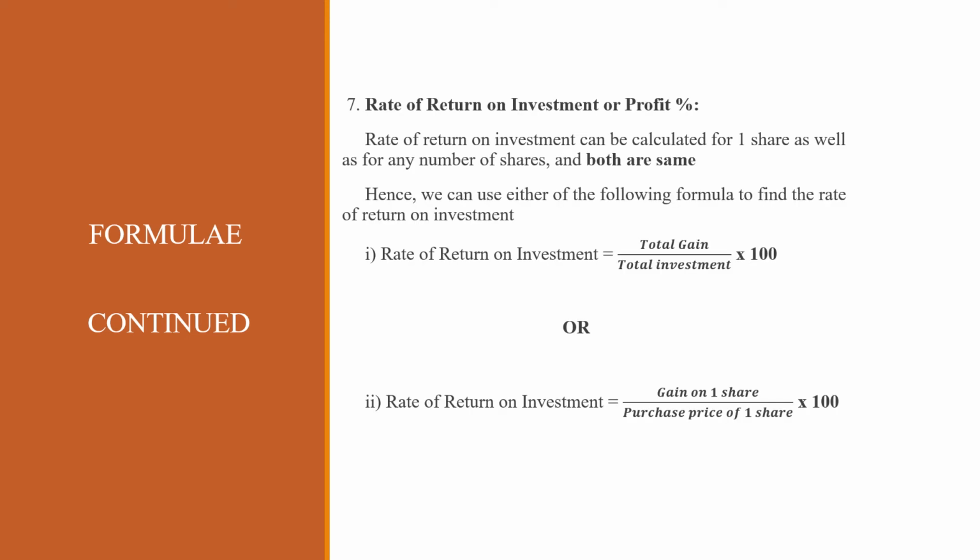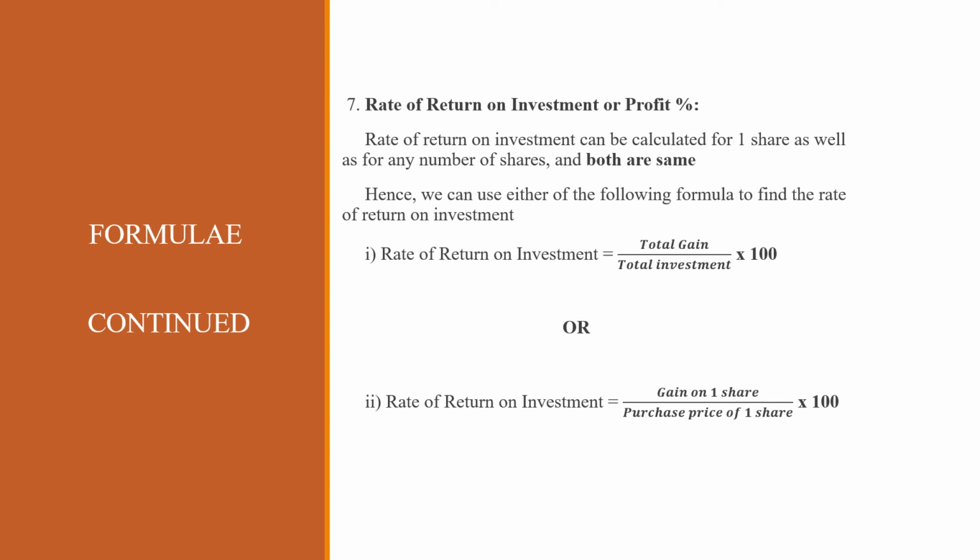To find the rate of return on investment, or in simple words, profit percentage, one should understand that profit percentage for one share and for any number of shares is exactly the same. This means number of shares can be anything, 100, 50, 200, 150, 1000 or simply 1. The profit percentage is exactly going to remain same.